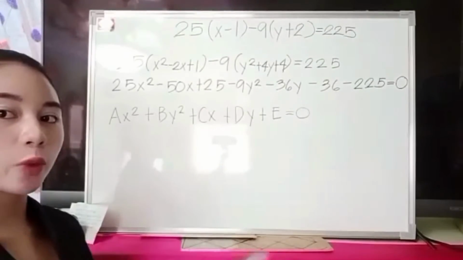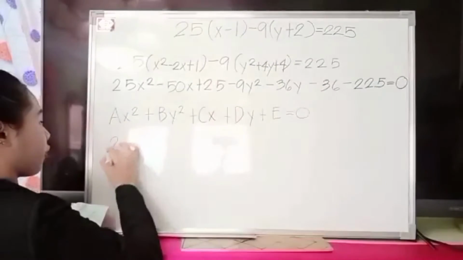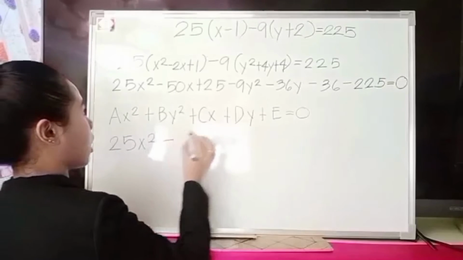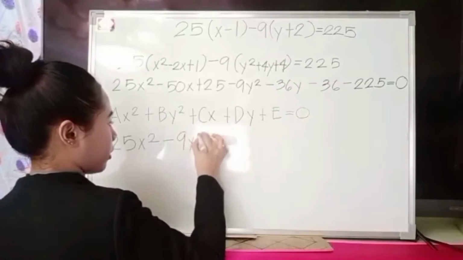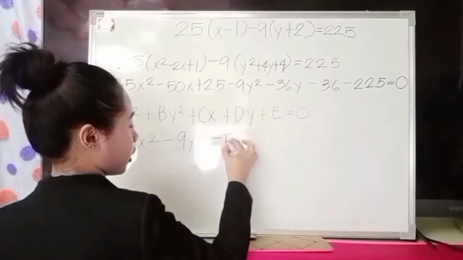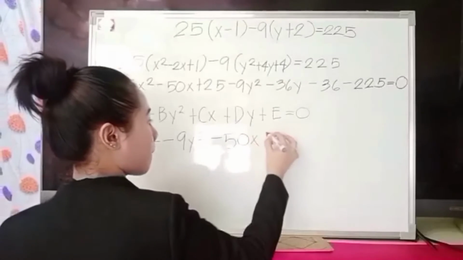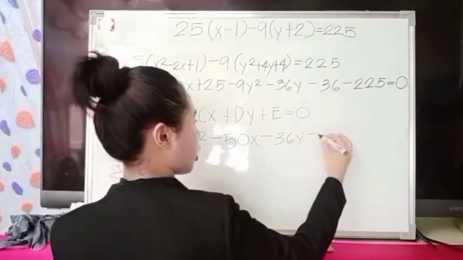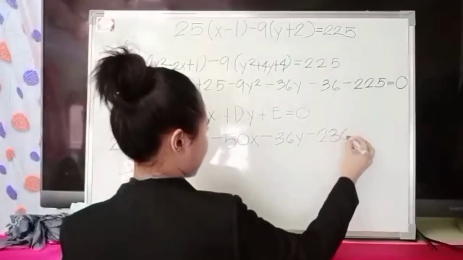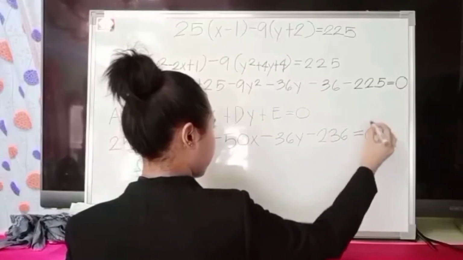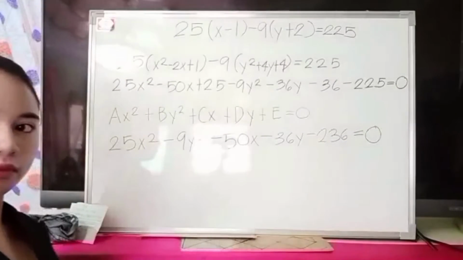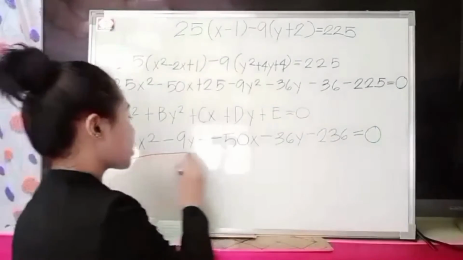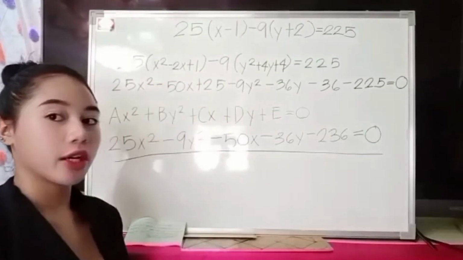And now, it will become 25x squared plus 9y squared plus 50x plus 36y plus 236 equals 0. And now, this is our general form of the standard equation whose center is (h, k).